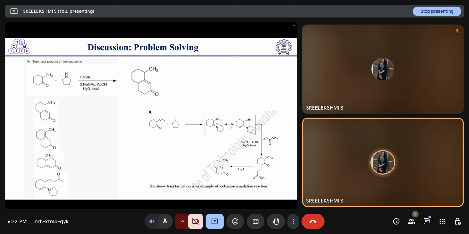An aldol condensation reaction is also happening here. That is an application of aldol condensation where we are constructing a bicyclic or tricyclic from monocyclic or bicyclic compounds. That is, we are constructing one more ring in this Robinson annulation reaction.